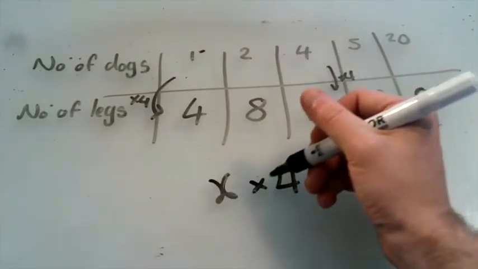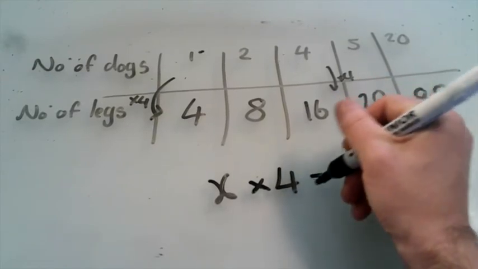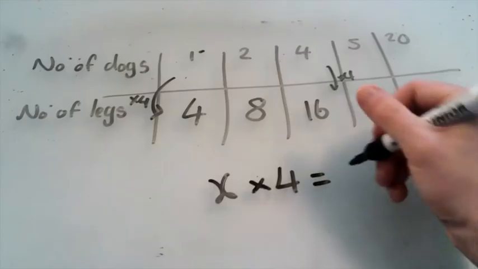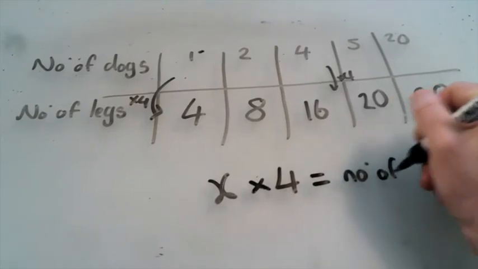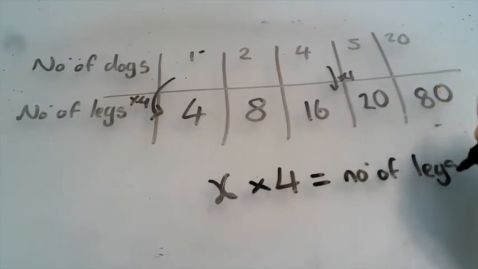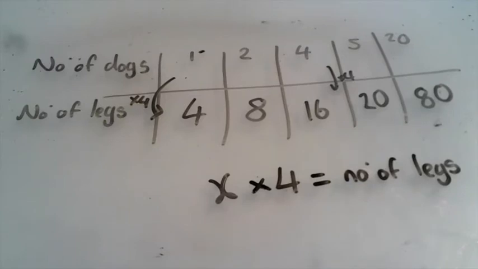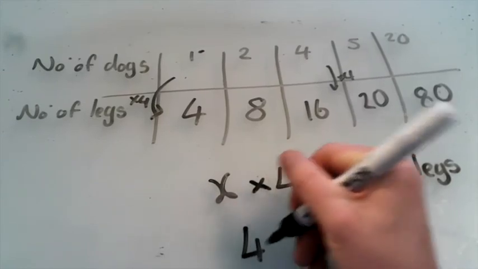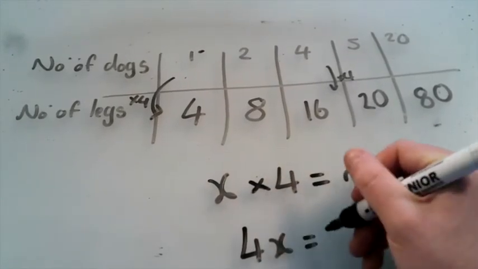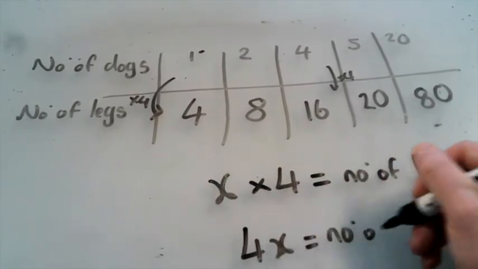So you can either write that as an equation of 4 times x, which will give you the number of legs, or, because mathematicians are lazy, they don't like writing x there, so they'd write it as 4x equals, and then we'd know our number of legs.